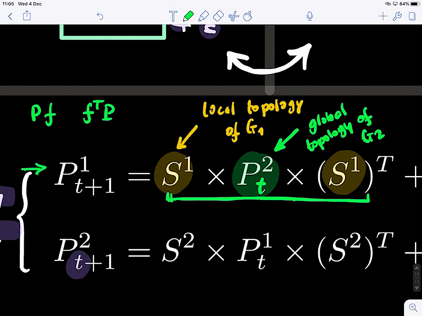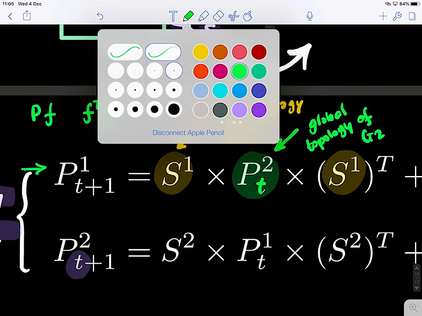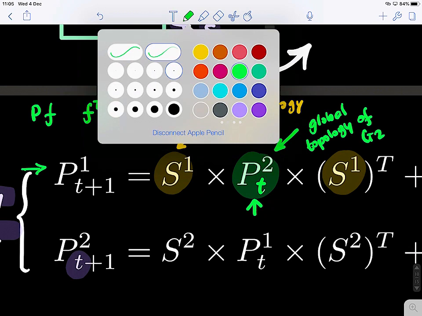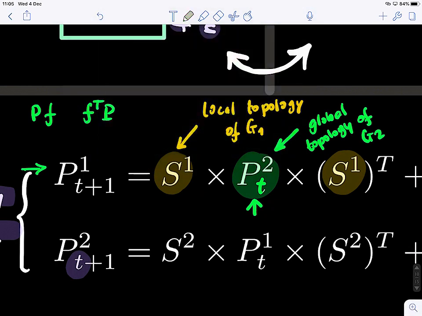This is a diffusion process, but what are we exactly diffusing and how are we diffusing? We are diffusing the global matrix P of data set 2 across the local structure of data set 1. So this is what it means. This is a diffusion process of this matrix.